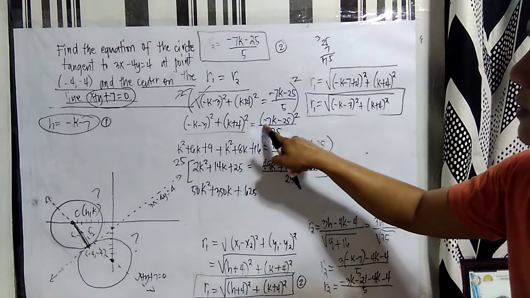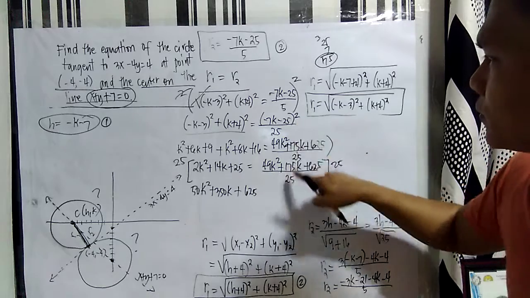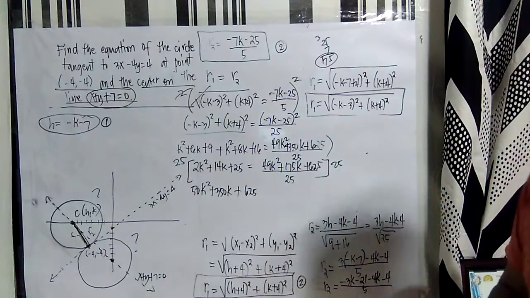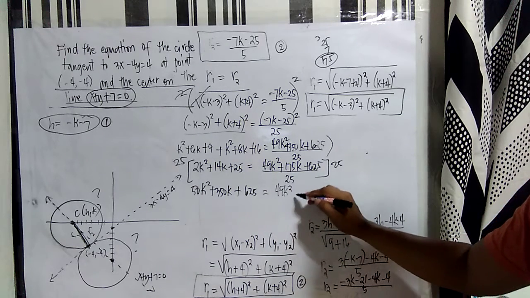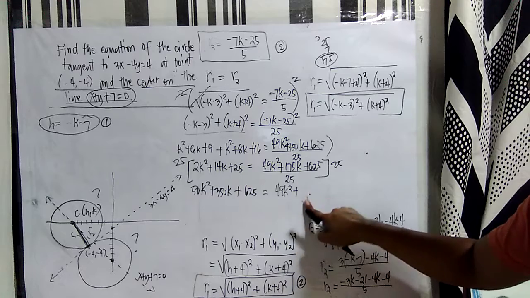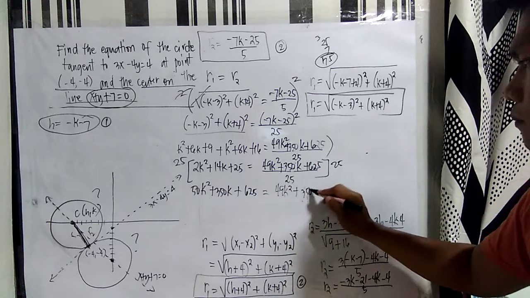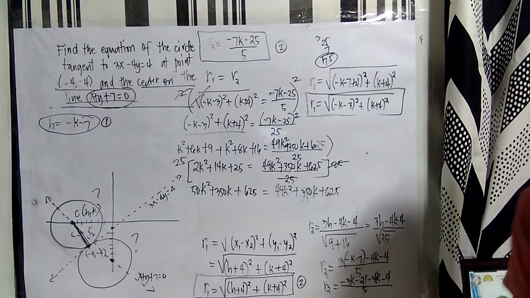Because we have negative 7 times 25 is 175 times 2, this will be 350. 350k is equal to 49k squared plus 350k plus 625, because you have to cancel 25.